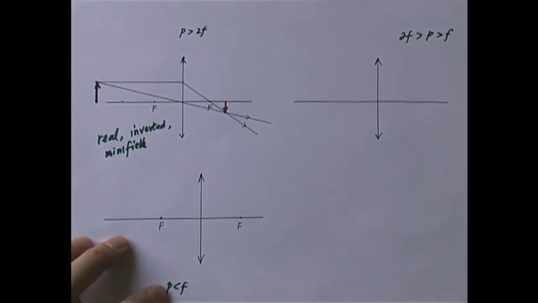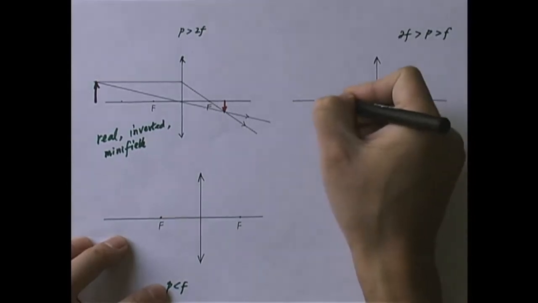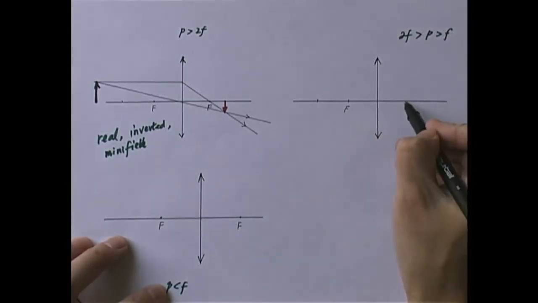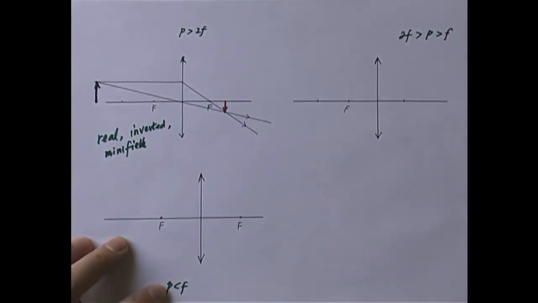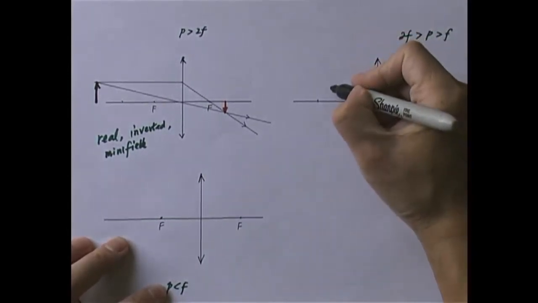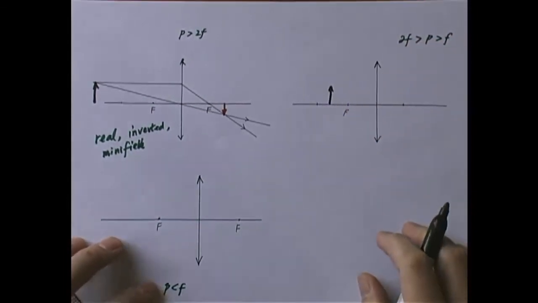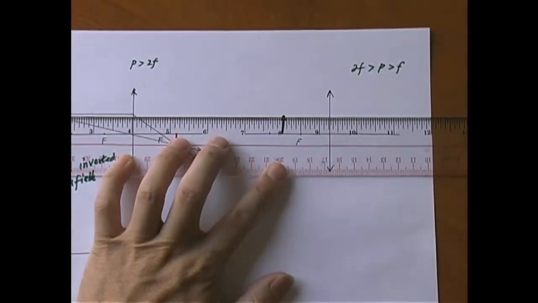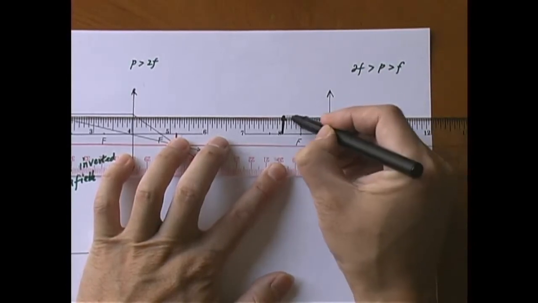Okay, now let's bring the object a little closer. This time I'm going to put the object between 1F and 2F. So this is 2F, this is 1F, right? I'm going to put it between 1F and 2F, so it's here. Where is the image going to be? Well, again, let me draw the light rays. Light ray number 1, parallel to the optical axis.